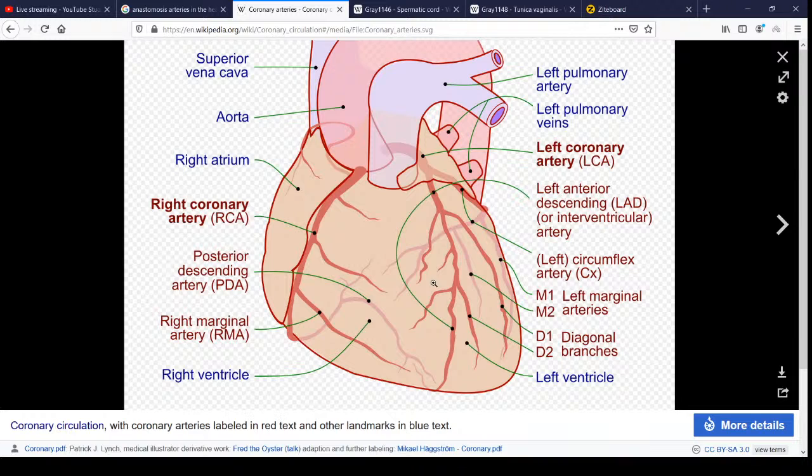If one artery is blocked, you are still getting blood from the three arteries. So that is known as anastomosis. That is a way of evolution to protect specific organs. In the same way, in our brain we have the circle of Willis, a kind of anastomosis, which provides blood to the human brain through the carotid artery branches. So that is the meaning of anastomosis.